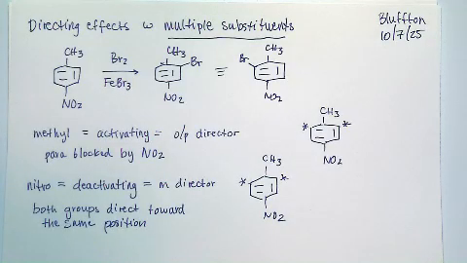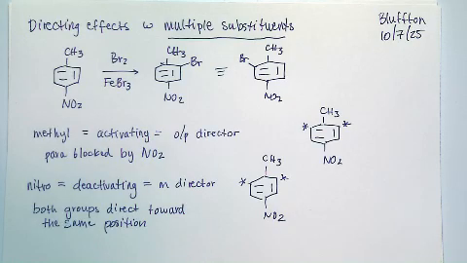Okay. What if we did a sulfonation reaction instead of a bromination reaction? How would that change the substitution pattern? What sort of different products would we get if we did a sulfonation reaction instead? Kind of a trick question.